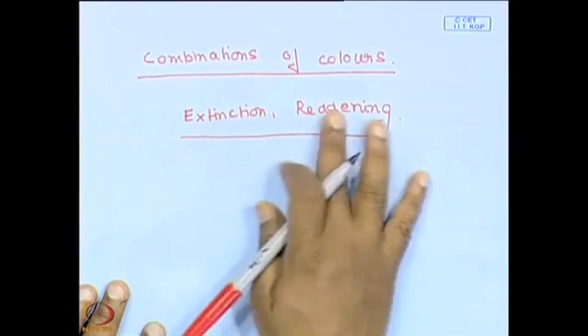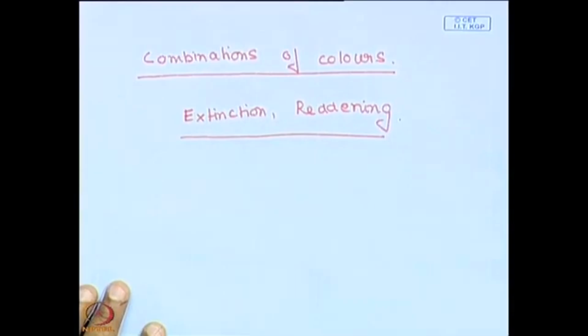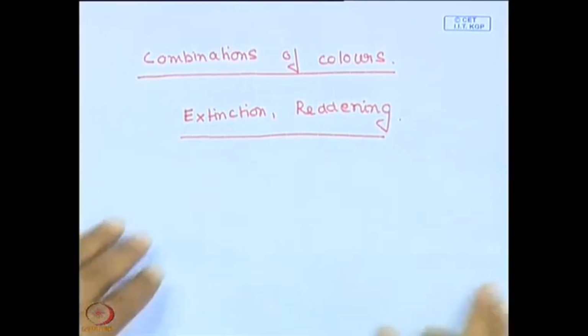They both will occur together. They do not occur separately, that is the main point. And using this you can actually work out how much extinction has taken place and correct for it. So, this is a thing that one has to bear in mind.